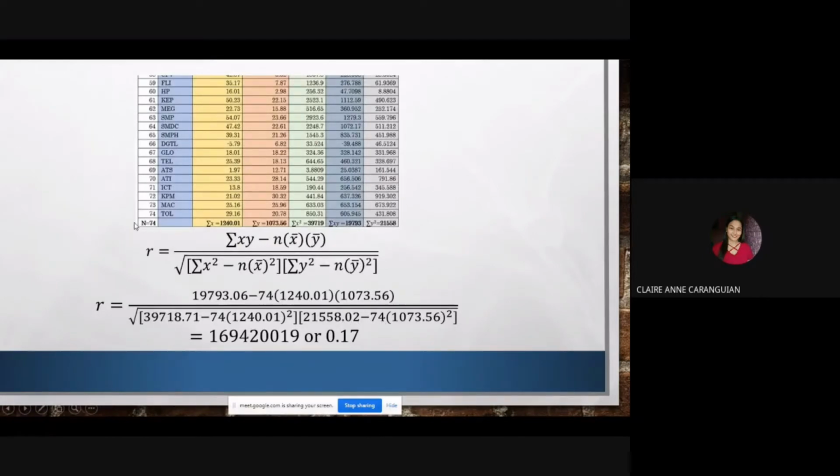Less 74, the number of companies, and multiplied by the summation of y, which is 1,073.56 squared.